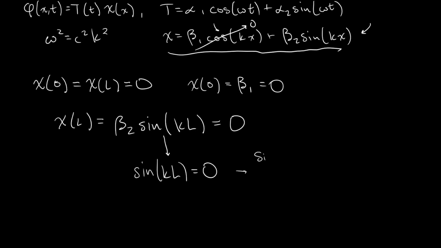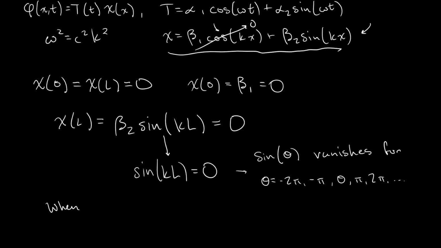Sine of theta vanishes for theta equals minus 2 pi, minus pi, 0, pi, 2 pi, etc. All of these values, sine is going to vanish.